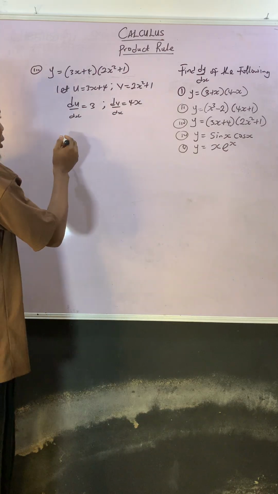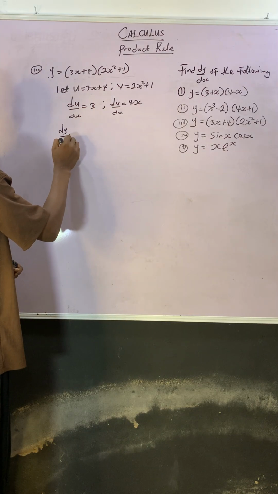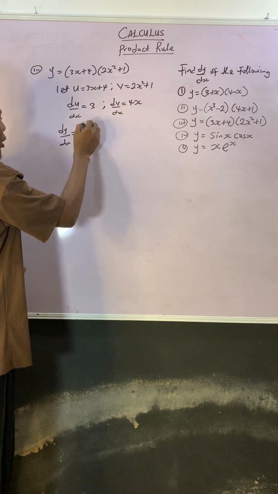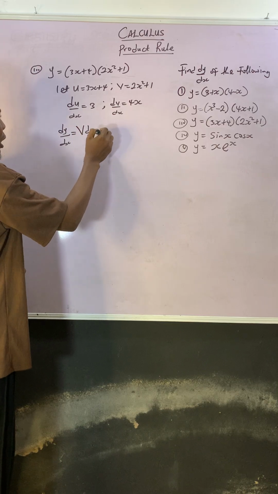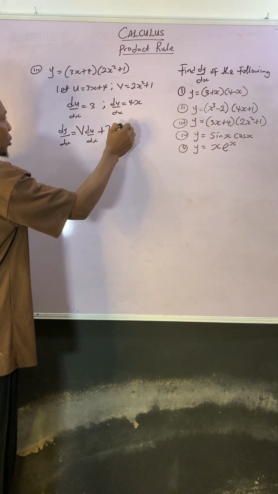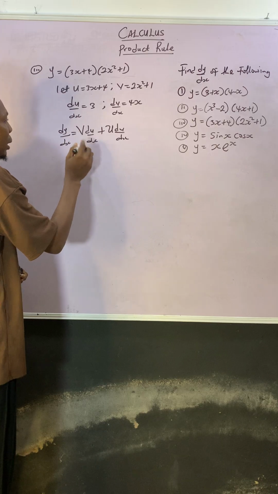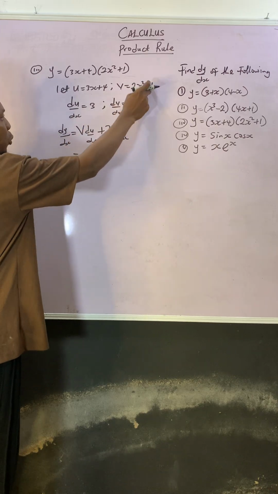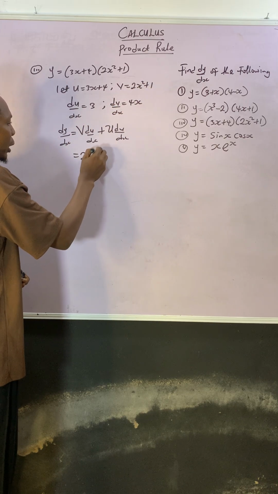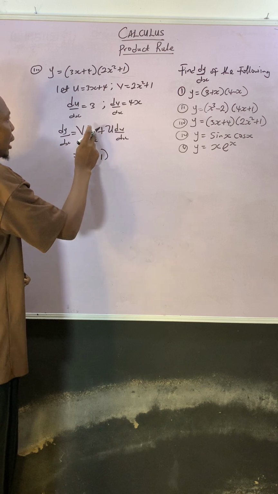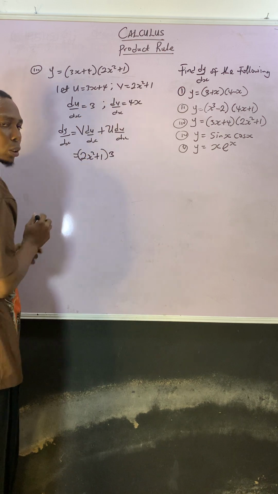After that, I substitute everything into the product rule formula. The formula is dy/dx equals v du/dx plus u dv/dx. So from there, our v is 2x squared plus 1, then our du/dx is 3.